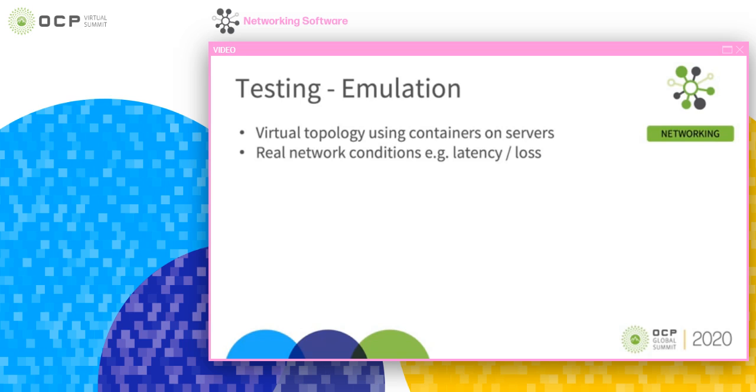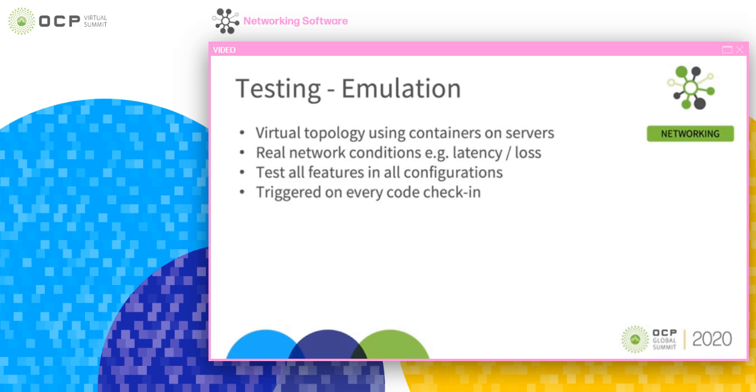This virtually meshed network can also emulate real network conditions, such as latency for wide area networks and loss for wireless networks. We test all the features in all different configurations on every code check-in. This really helps developers to make code changes much more confidently as well as frequently.